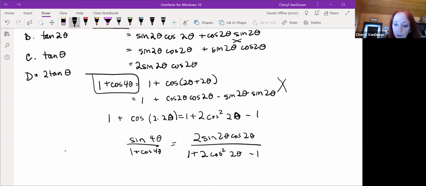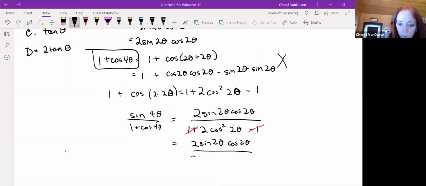Now, lucky enough, we do have some canceling that happens here. I'll do it in a different color. This minus 1, this plus 1 cancel. And so we get 2 sine 2 theta cos 2 theta over 2 cos squared 2 theta. Beautiful. So these 2 cancel. Again, I'll use a different color. These cancel.